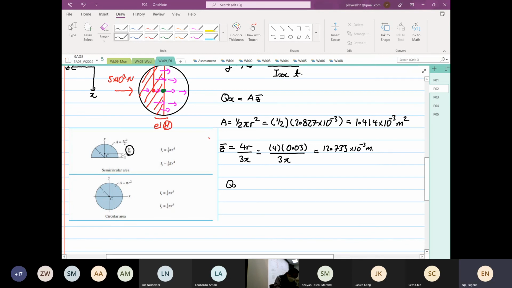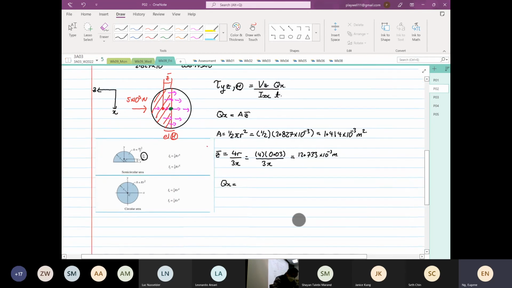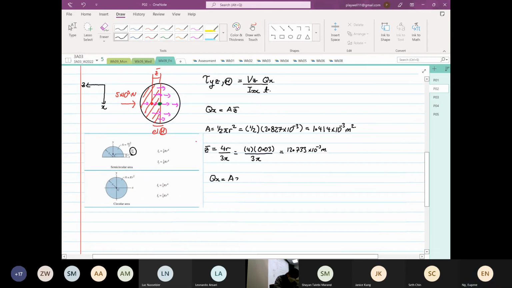So Qx is equal to A z bar. This is equal to 1.414 times 10 to the power minus 3 multiplied by 12.733 times 10 to the power minus 3, which is equal to 18 times 10 to the power minus 6 meter cubed. As I said, I was in too much of a rush.